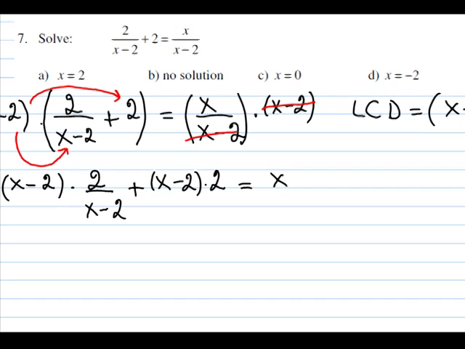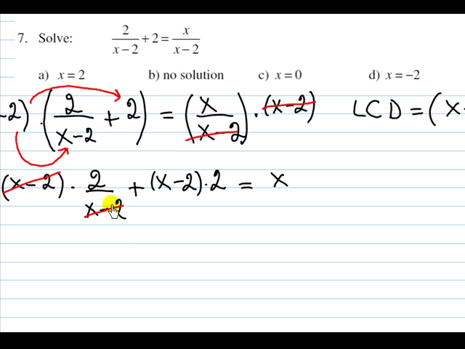Now looking here, we can also cancel this x minus 2 with this denominator, so we will have 2 plus, and we can distribute this 2: 2 times x is 2x, and 2 times negative 2 is minus 4, equals x.